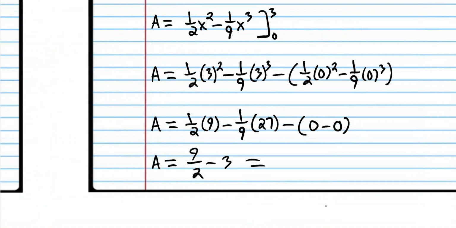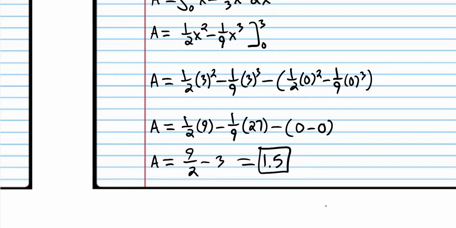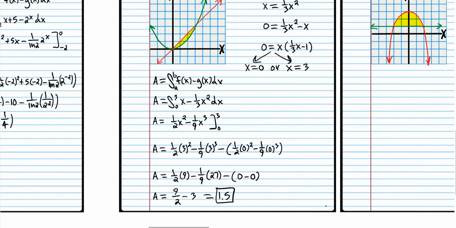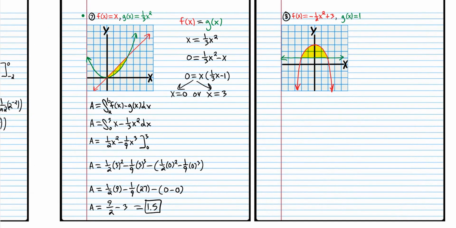Okay, we're back. Looks like 1.5, or you can write it as 3/2, however you want to do it. Okay, so if you got that right, excellent. So the part that students really have trouble with is this blue part right here. See that?